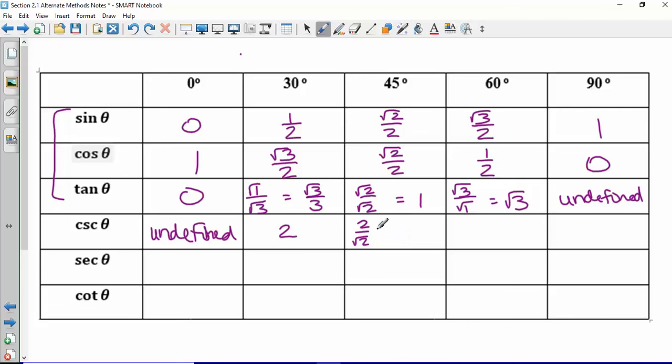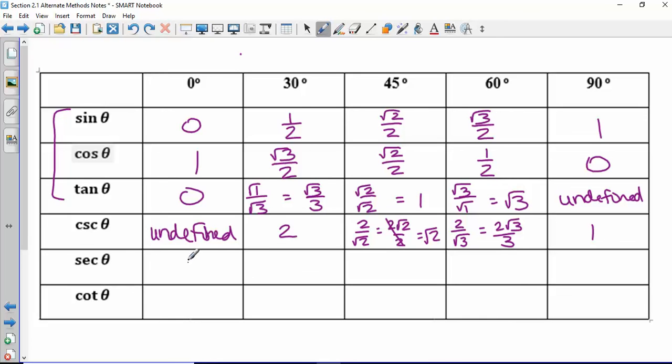For 45, if I flip this, I get 2 over the square root of 2. If you multiply by radical 2 on top and bottom, you get 2 radical 2 over 2, which is just the square root of 2. 60. If we flip this, then you have to get the radical off the bottom, so you get 2 radical 3 over 3. 90, reciprocal of 1 is 1.